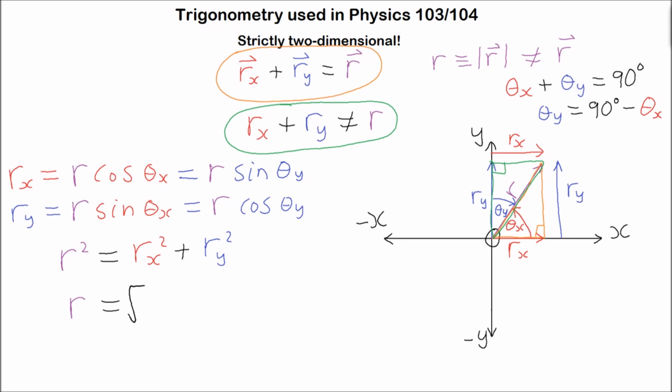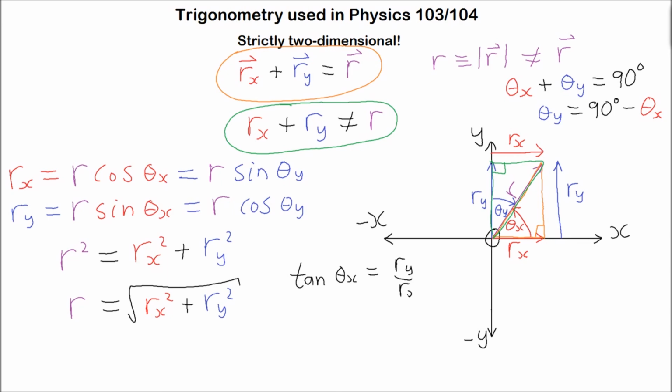So this means that R, which represents the length of the R vector in purple, equals the square root of Rx squared plus Ry squared. If we want to calculate what theta x and theta y are, we can note that the tan of theta x, looking at that orange triangle, must be Ry over Rx.